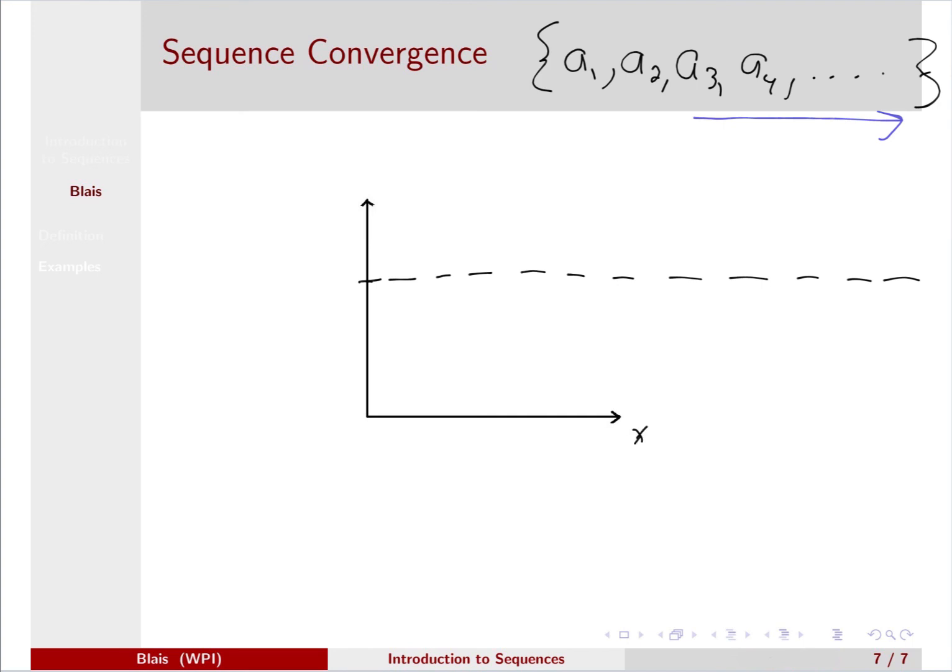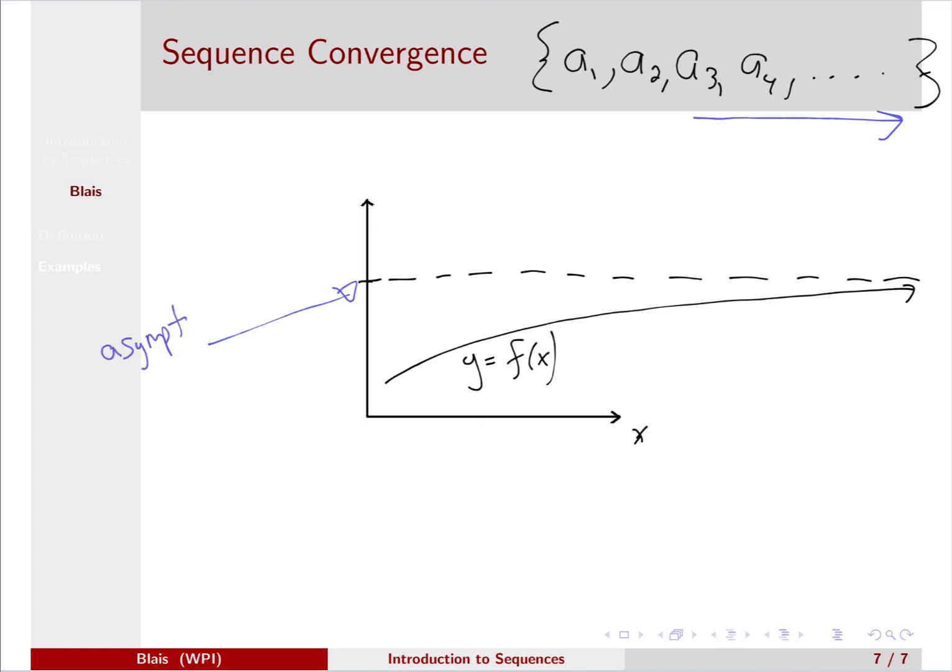So remember, the idea of convergence for a function to an asymptote was this idea that you're getting arbitrarily close to this horizontal asymptote. So if we called that y value, say L, this would be where we had y equals L is a horizontal asymptote of f of x.